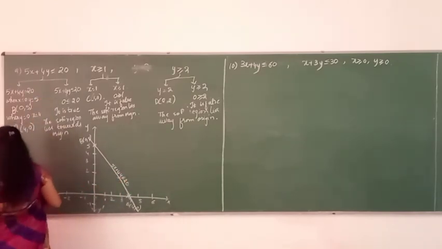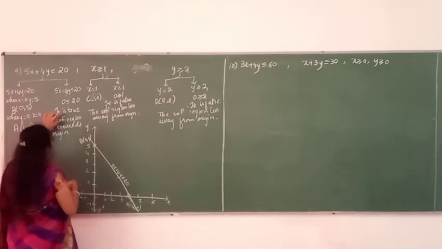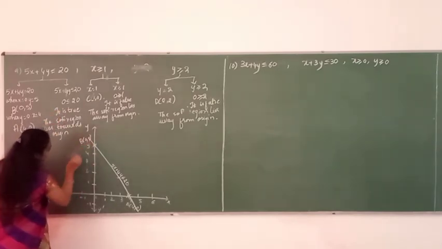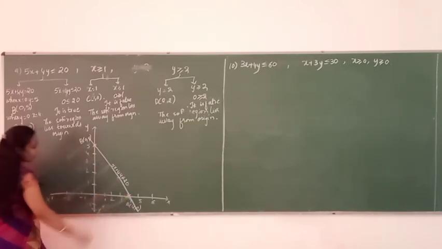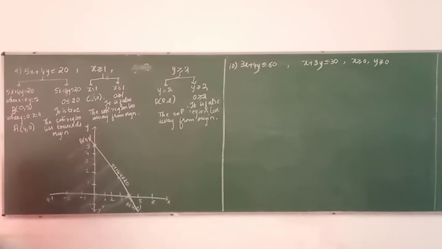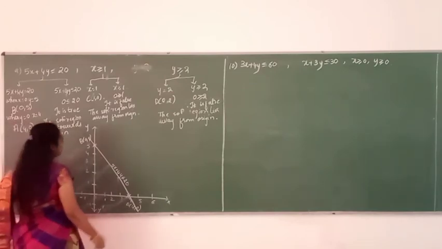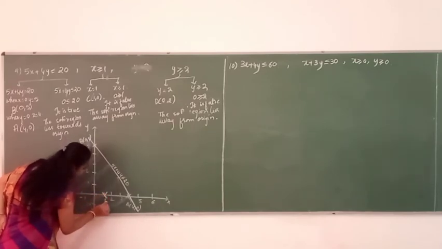So here it is true and the solution region lies towards the origin. Okay, this is your first inequality. Now let us move on with the next one, which is x greater than or equal to 1. So we have the point here, which is nothing but C is 1, 0.